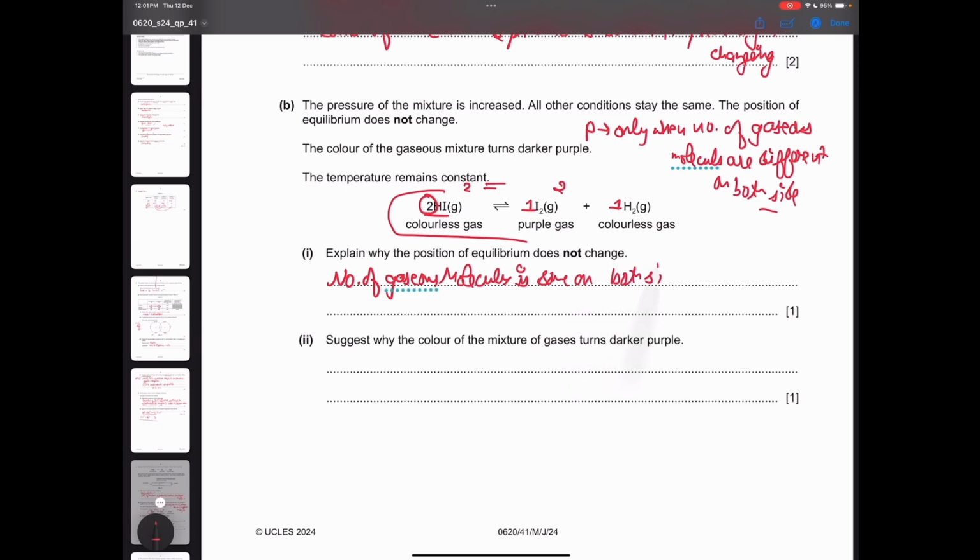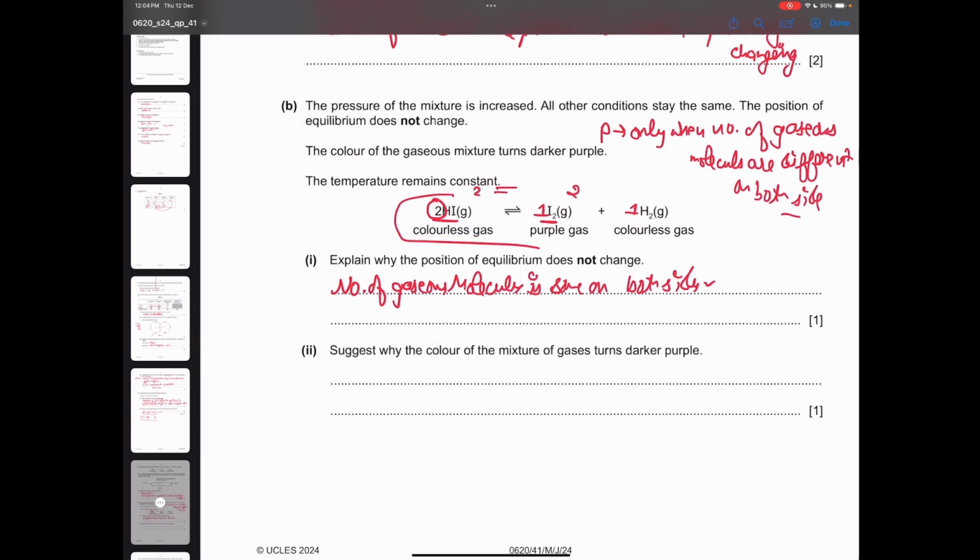Next part of this question, suggest why the color of the mixture of gases turns darker purple. Just think about it. If you're increasing the pressure, you are squeezing the molecules into less space. You are just increasing the number of molecules in the same volume, right? And HI is colorless. This is also colorless. So the color of iodine will dominate. It will show, right?